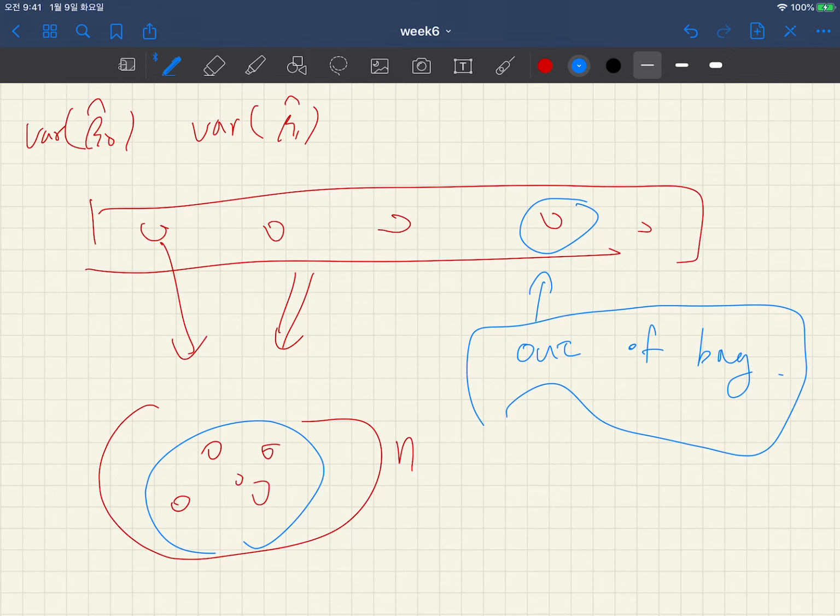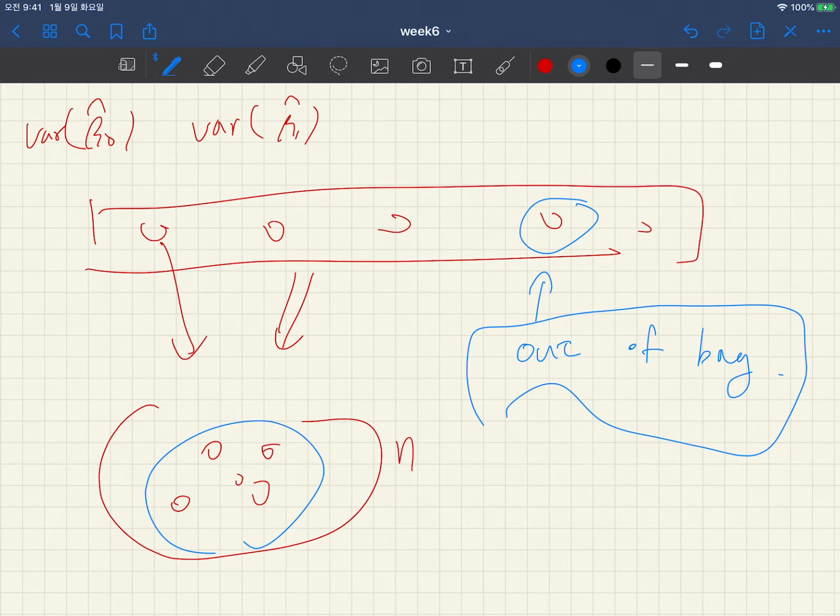You train the model and then test the model, train the model and test the model, and then average out the estimated test error. From that, you can understand the real test error. Of course, there is some bias and some error in your estimation, but in practice, this process will give you a reasonably good estimation of the test error.